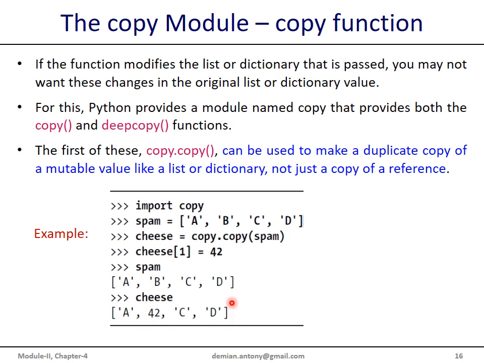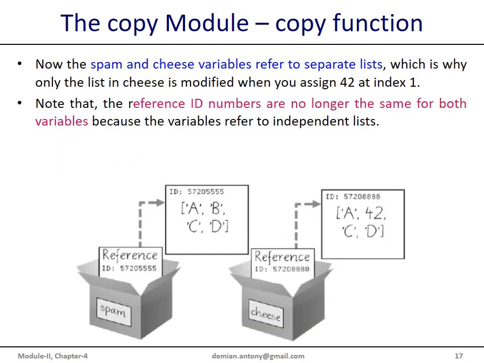And you can see cheese is modified with the new value at location 1, and spam still has the same old value, that is B. This is the pictorial representation of the copy function of the copy module.